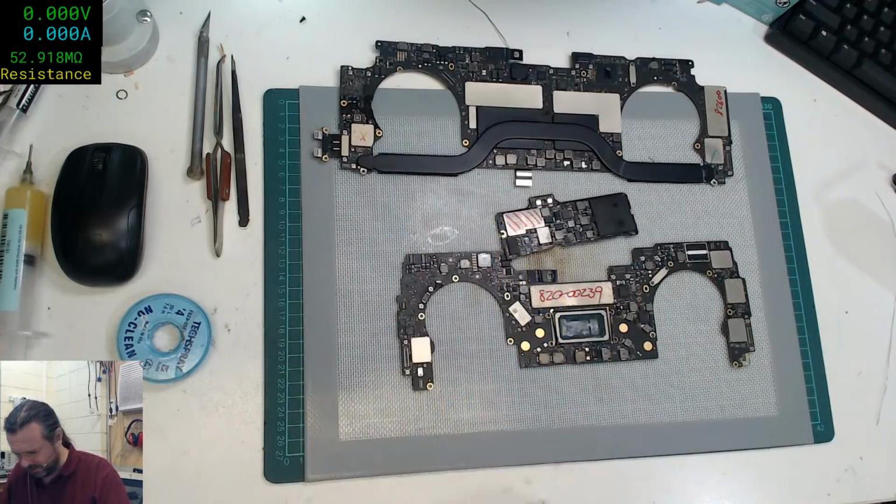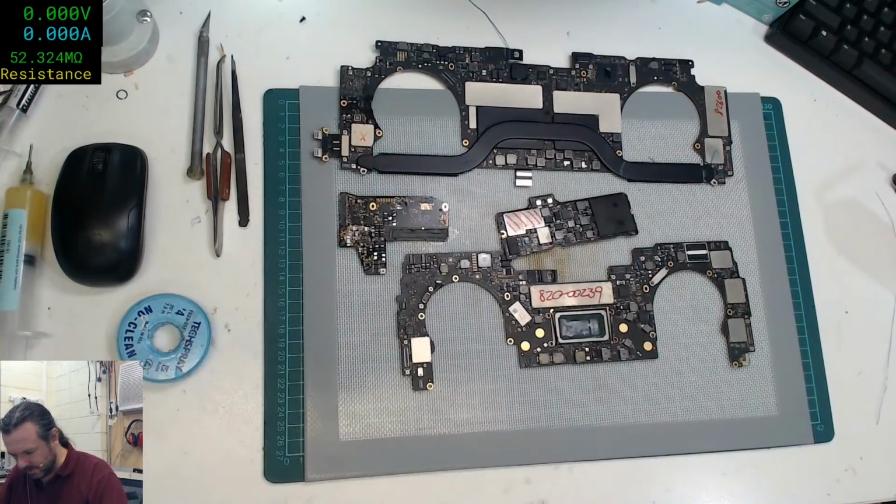Doesn't even have them as far as I know, do they? Ooh, 840, but I bet you they're gonna be B00s.